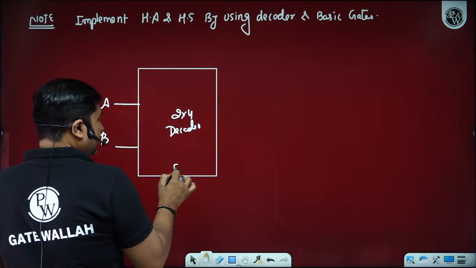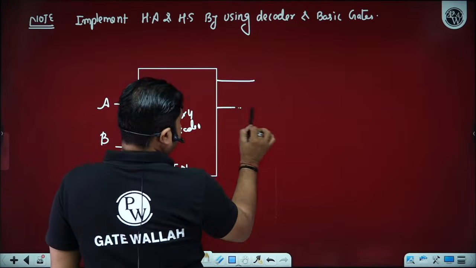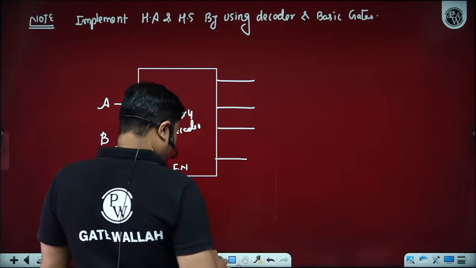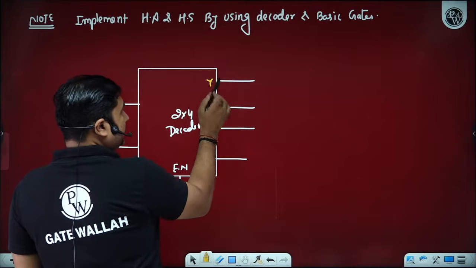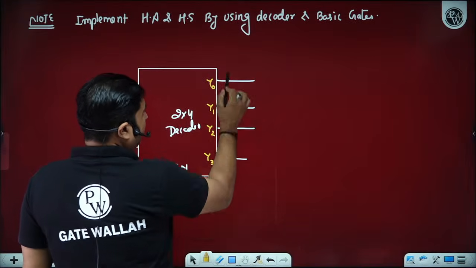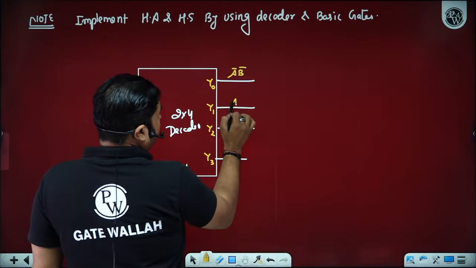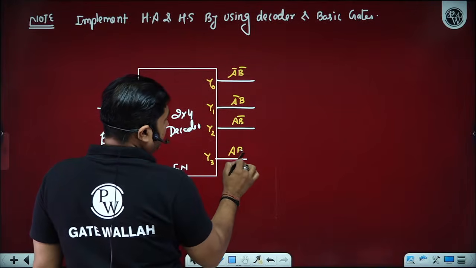We can utilize the enable, keep the enable high. Then because of the decoder's internal circuitry which contains only AND gates, we have A bar B bar, A bar B, A B bar and AB available here.